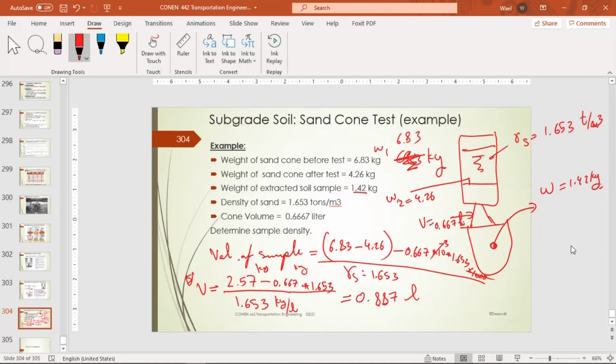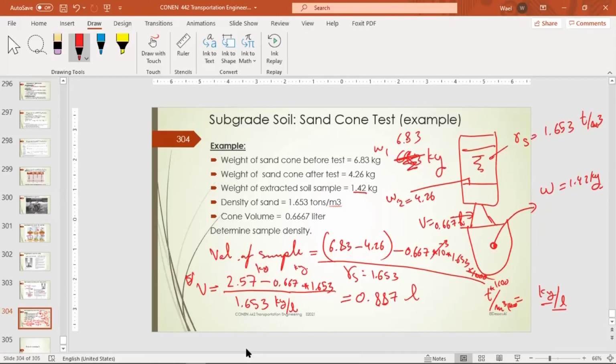Again, ton per meter cube equals kilogram per liter. If you multiply the upper with 1000 and divide by 1000, you get this. Check it.